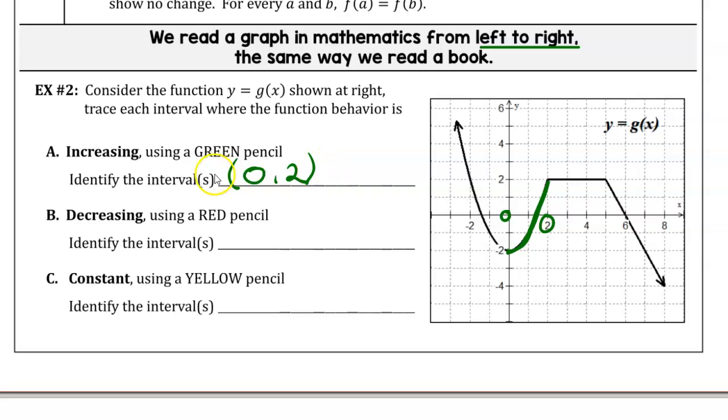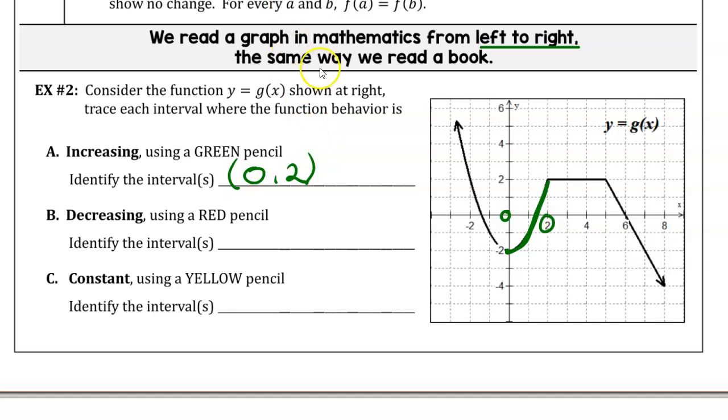And we use parentheses again for interval notation. We don't include 0 or 2, by the way, because technically at 2 or at 0, it's not increasing or decreasing. Right when we hit this point, it's not going anywhere. And then when we go a little bit above 0, that's when it starts increasing.